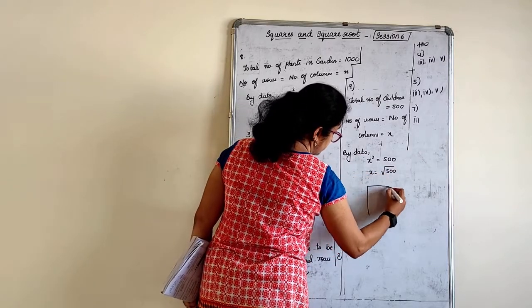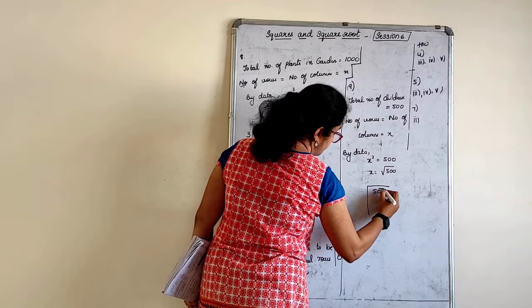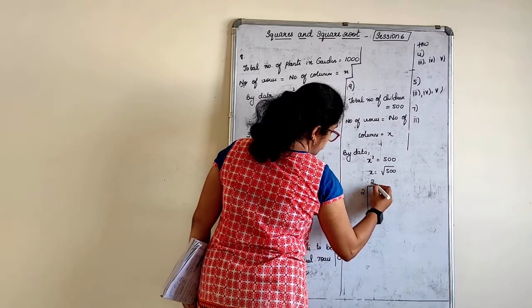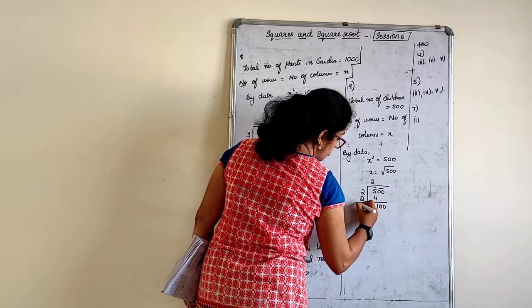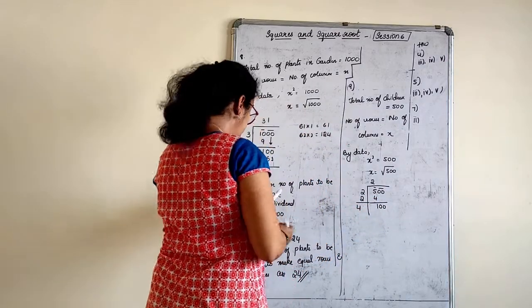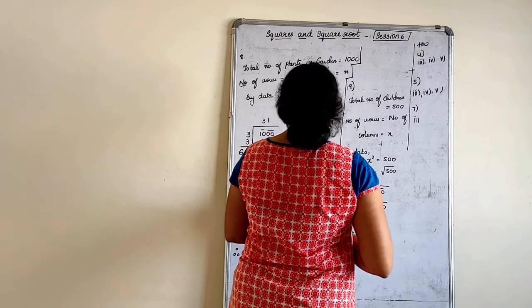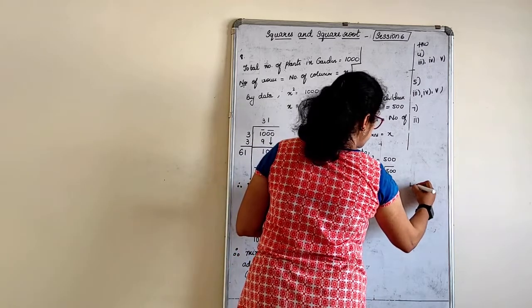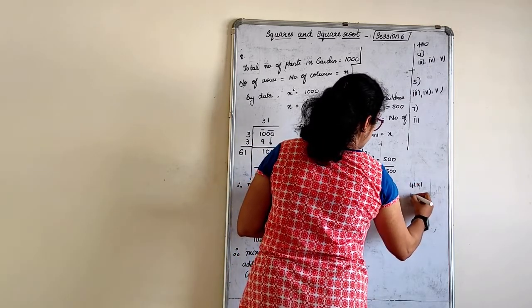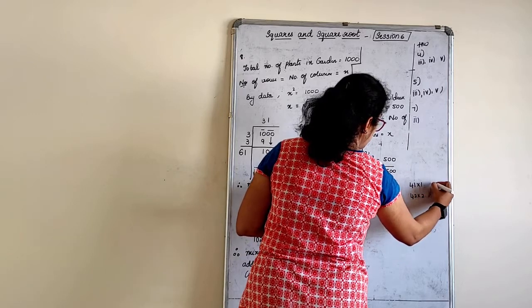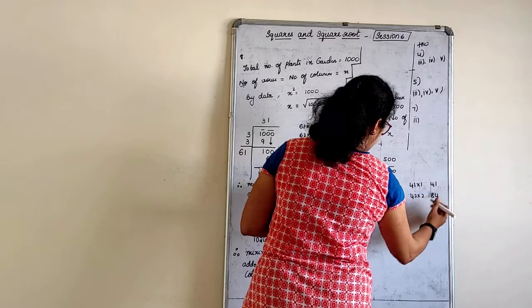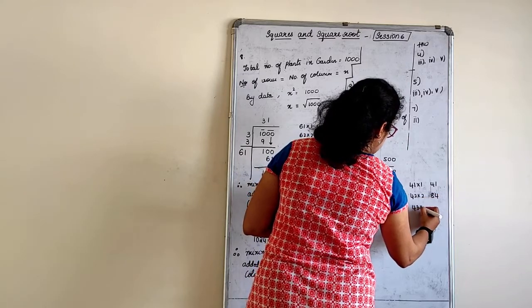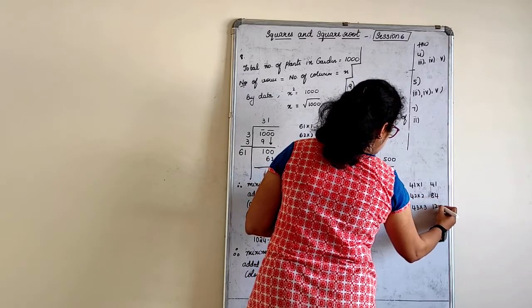2 twos are 4. 100. So 4 I will take here. So next what I will do here is 41 into 1, 42 into 2. So 41 into 1 is 41, 42 into 2 is 84, 43 into 3 is 129.